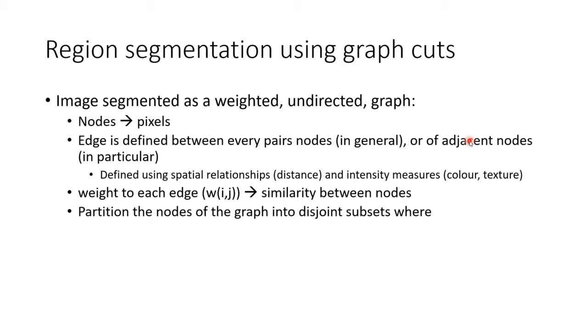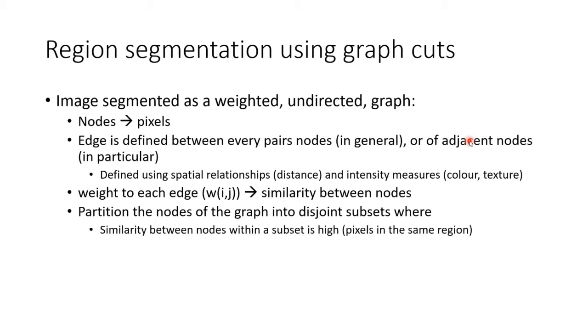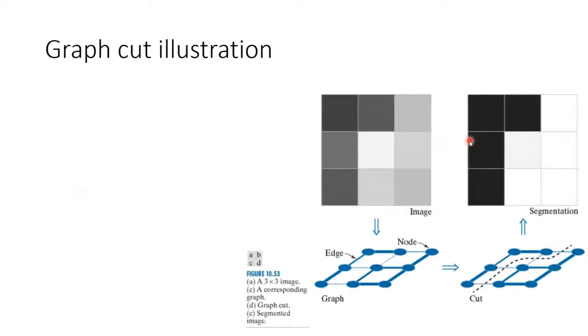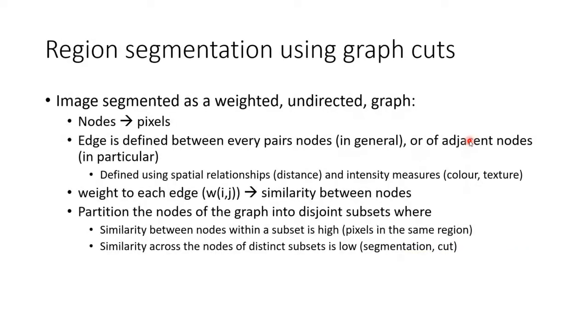And the idea is to partition the nodes of the graph into disjoint subsets where the similarity between nodes within a subset will be high, meaning the weight between the edges of the pixels in the same set will be quite high. And the similarity across nodes of distinct subsets will be low. And when it's low, I segment it and cut the connection, the edge between two vertices.